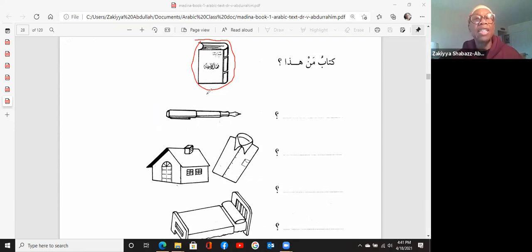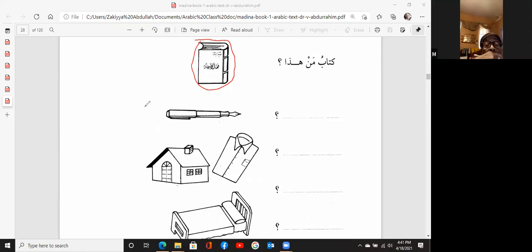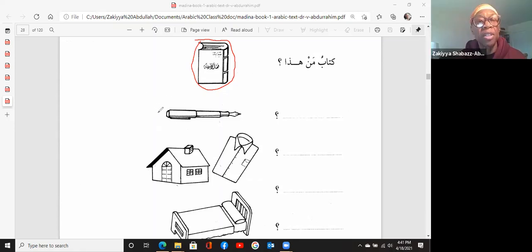So let's get this out of the way. What is the Arabic word for this one? Qalamun. So I'm going to write it over here. And this one here is a picture of what? Shirt.